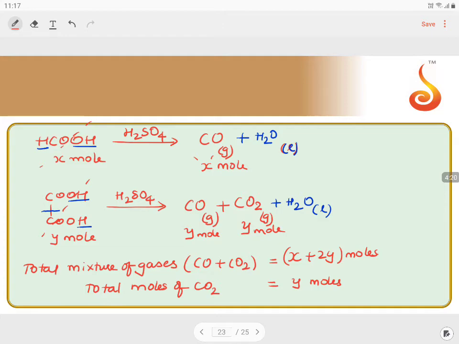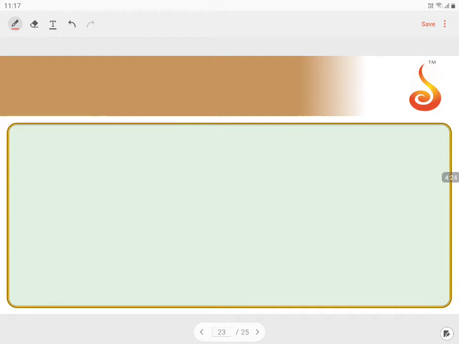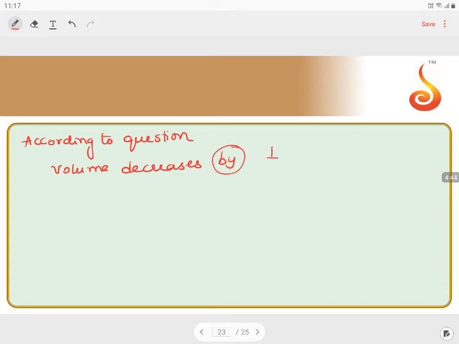According to the question, the volume decreases by a factor of 1/6 when passed through KOH solution. That corresponds to which gas?